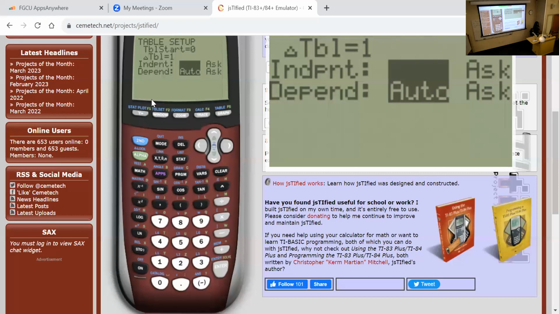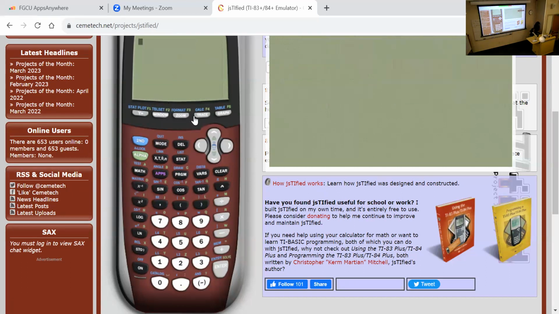Got two options, auto and ask. Let's switch over to ask. Good. Reason being, if you don't set this up, you won't be able to enter values. Clear here? Okay. Second mode to exit.